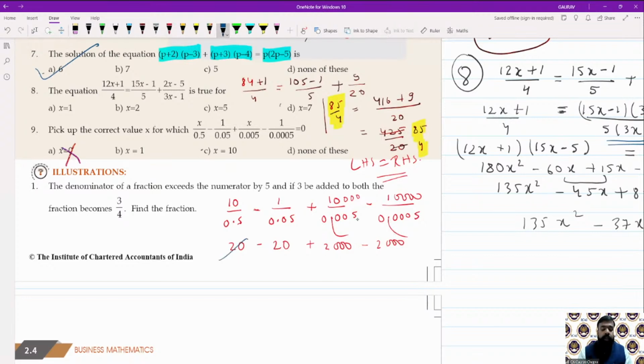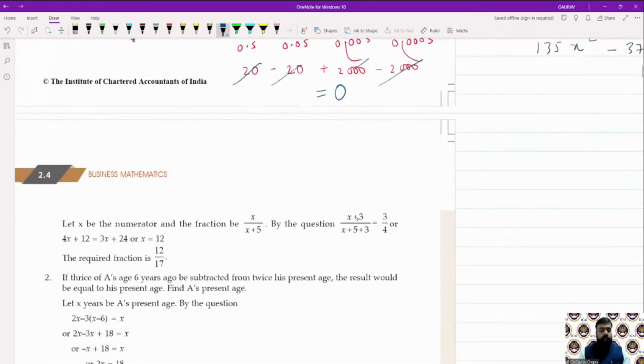So plus 20 minus 20 is cancelled. Plus 2,000 minus 2,000 is also cancelled. Therefore, we are getting the result as 0. So option number C is the correct option. In this case, it was easy to solve using options. All right. So this was exercise number 1 and question number 9, where the final result is equal to 0.